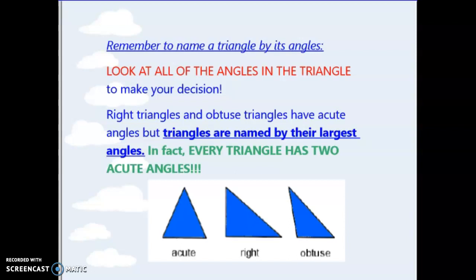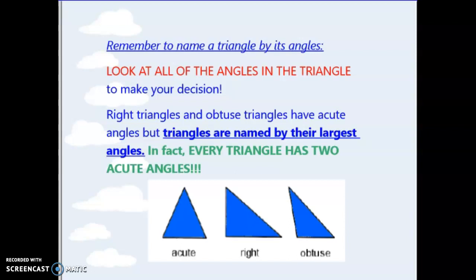An acute triangle, the first one on the page, has three acute angles. The largest angle on that triangle is an acute angle. The middle one is another shape of a triangle. It has a right angle in it and two acute angles.